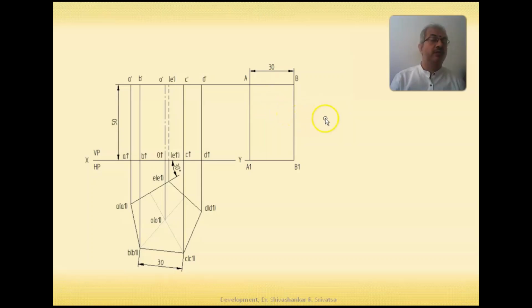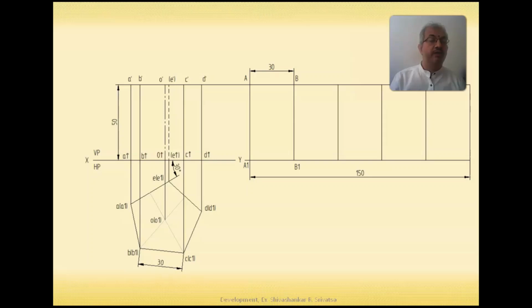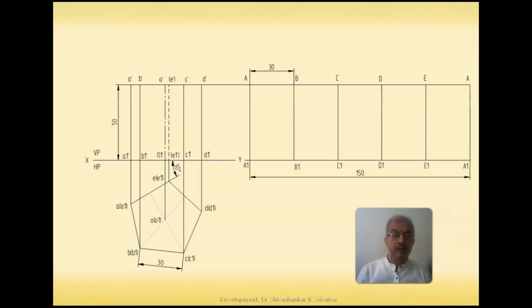Now I shall represent 5 faces and do the naming. So I have 5 of these faces totaling to a length of 150 mm, then let me also complete the naming. This is how we do the naming. Once you do the naming, you have to ensure that the last set of points would be same as the first set of points over here.